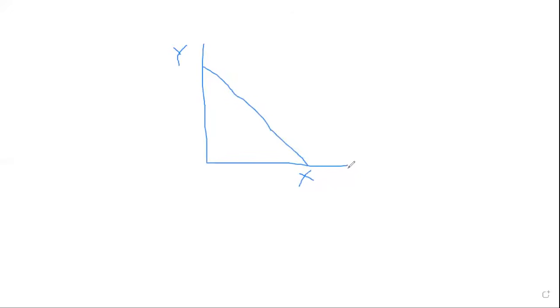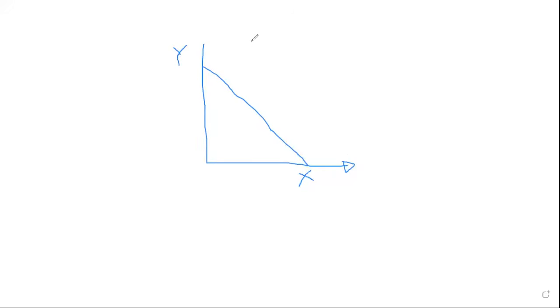And what he's willing to do is represented by the indifference curve. So at what point would they be equal?